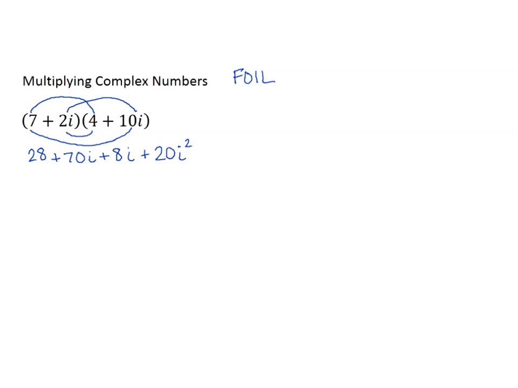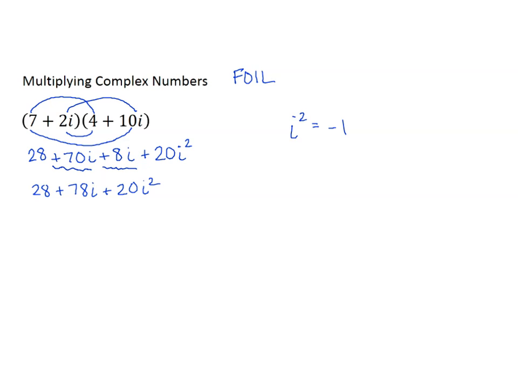And just like we saw with quadratics, we have to combine like terms. I've got a 70i and an 8i. So when I combine them, I get 28 plus 78i plus 20i squared. Now, i squared, like we just saw on the previous slide, is the square root of negative 1 times itself, which is just negative 1.